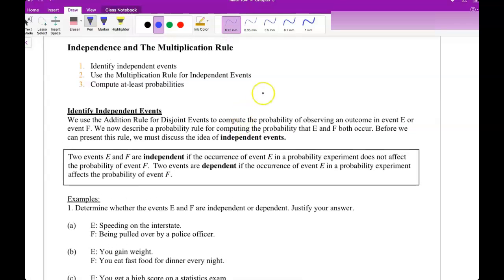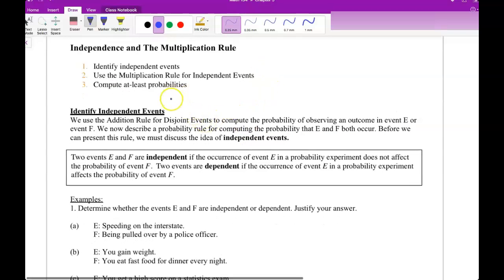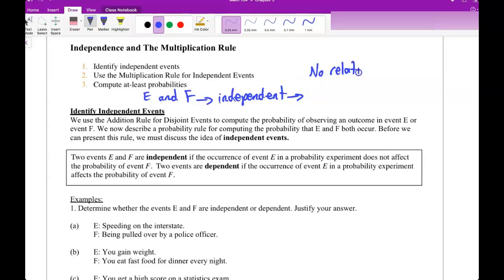So when I have these two events and these two were independent, what that means is there is no relation between these two, between E and F.